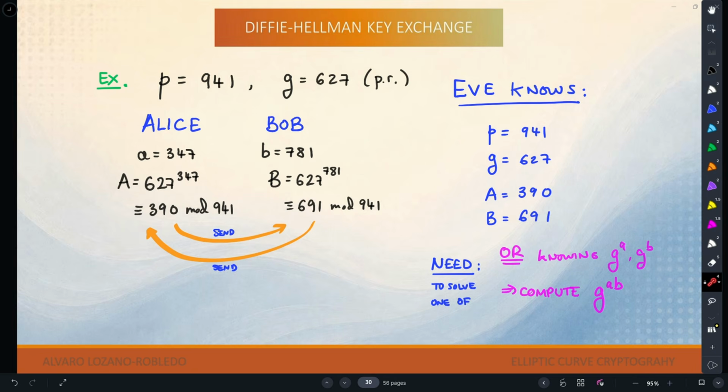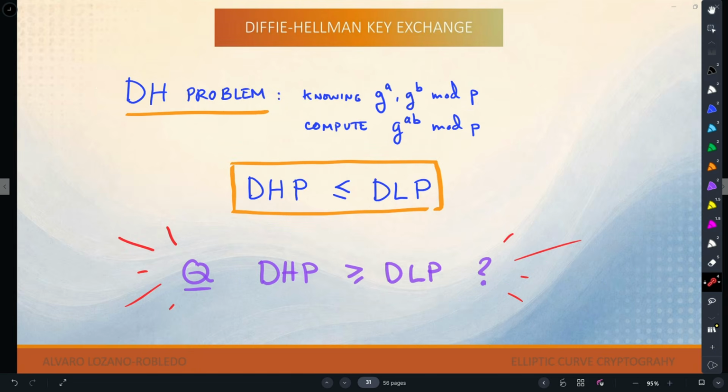And that's not how exponents work, as much as calculus freshmen might want it to. That is not how they work. But is there a way to compute this out of these two numbers, especially if you're working modulo P? Well, we hope there isn't, but we don't know.